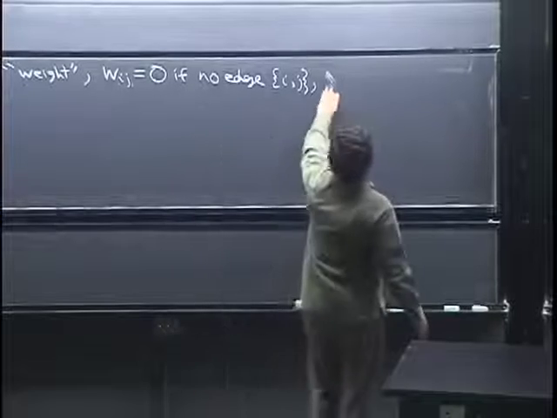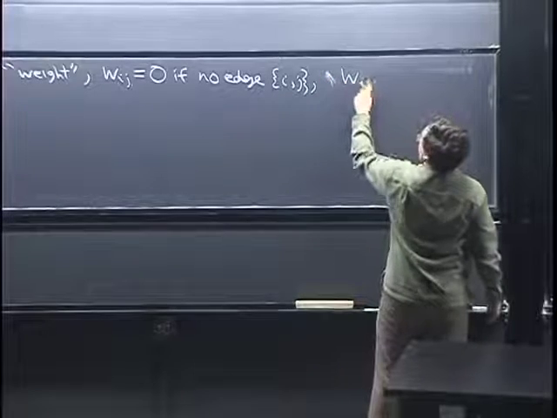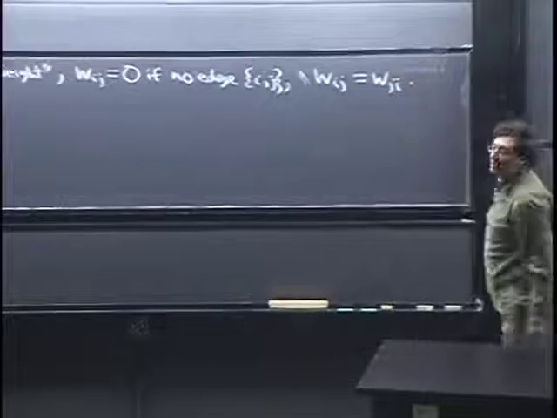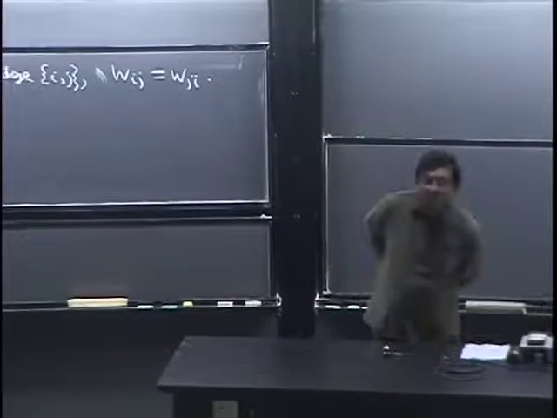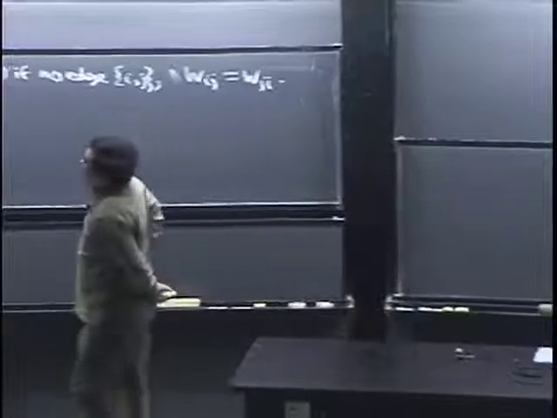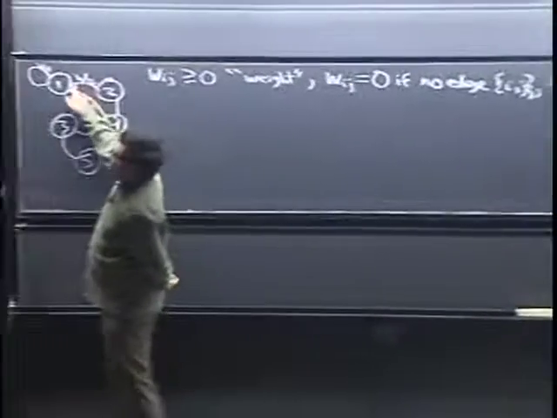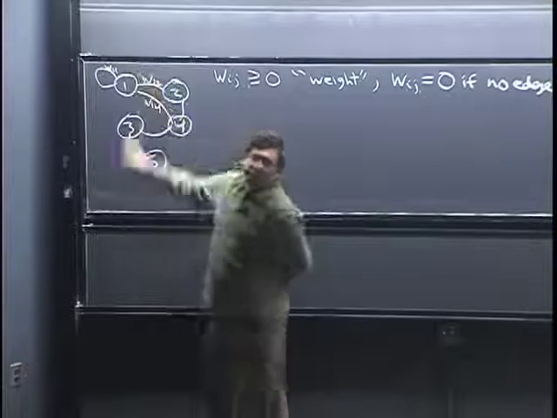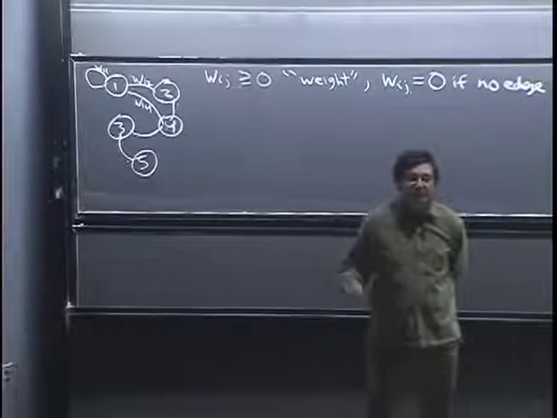And then our key assumption is that Wij equals Wji. That's an assumption. Another way to say that is, because we're talking about random walk on an undirected network, I only wrote one number here, W12. Maybe W12 is 3. It's just some number.